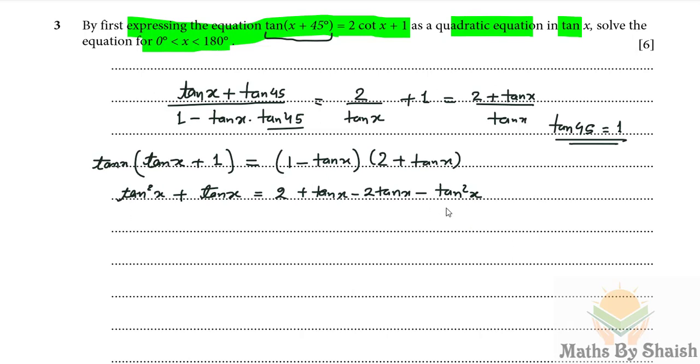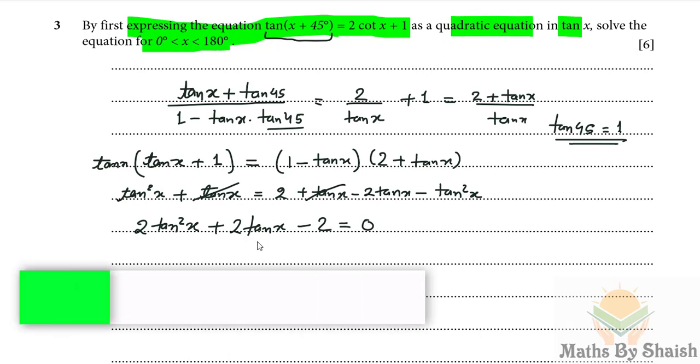Tan square x is already there, and we can cancel 1 tan x, so it becomes 2 times tan square x. This is minus 2, so it becomes plus 2 times tan x, and this is plus 2, so it is minus 2 equals 0. So it is a quadratic equation in tan x, and now we will solve it.